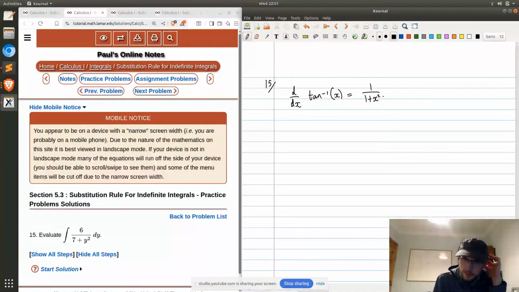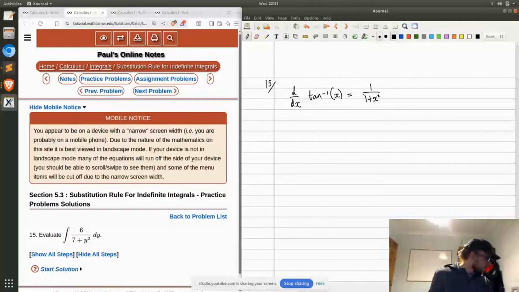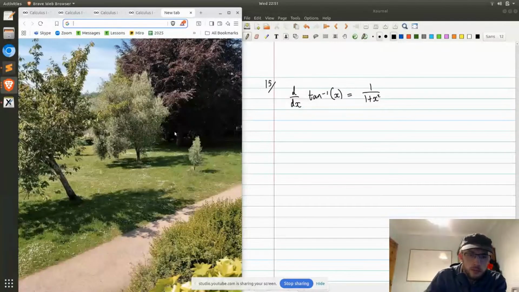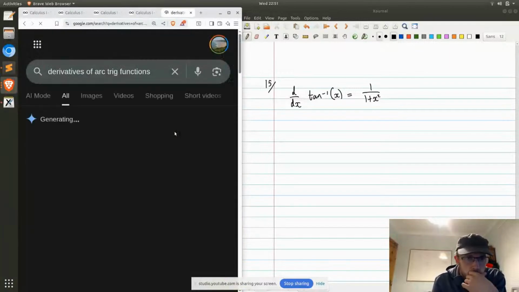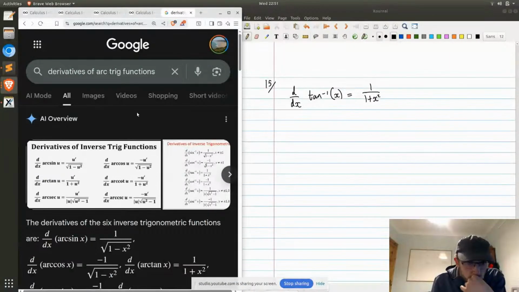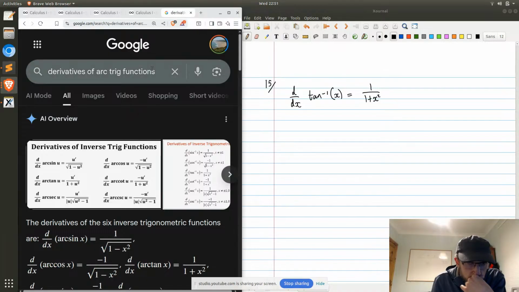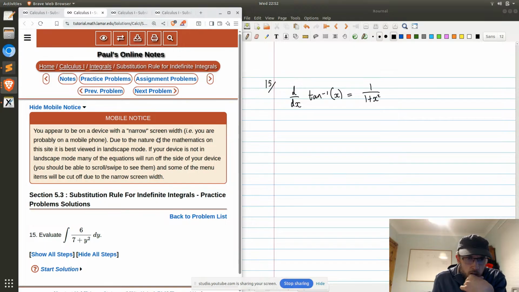Is that right? Or am I misremembering? Yeah, so the integral of that is arctan of x.